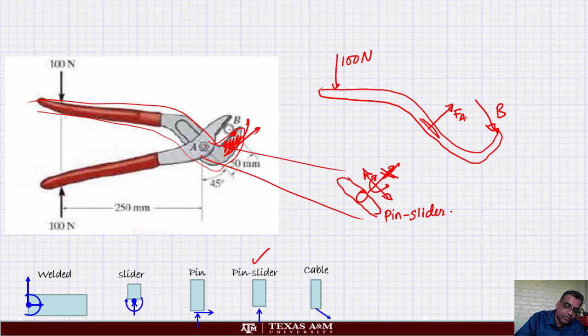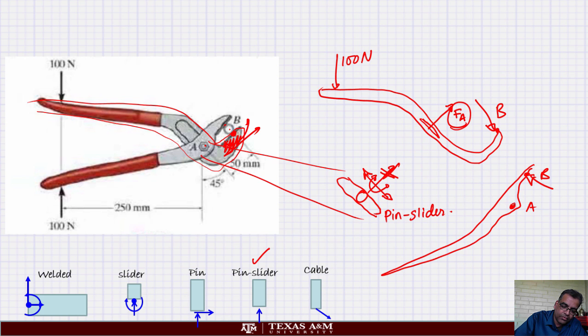What about the other piece? First, notice this is exactly the same as that. So I'll have a force B, and this is exactly equal and opposite to that. So I'll have a force, if it is like that, it's going to be like that. FB, FA. And then I have the force 100 newtons.